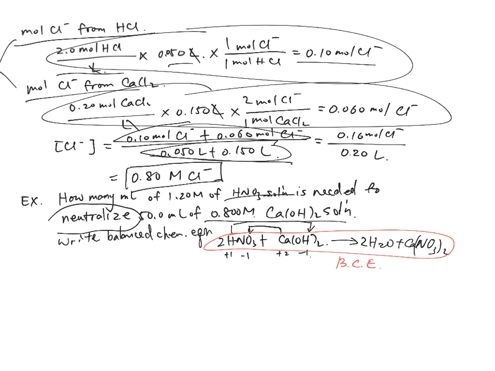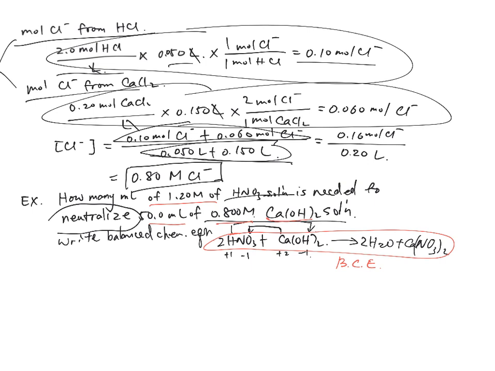Now I have the equation, and I have it balanced. What exactly do I want? I want to know how many milliliters of this solution is needed to neutralize this much Ca(OH)2.